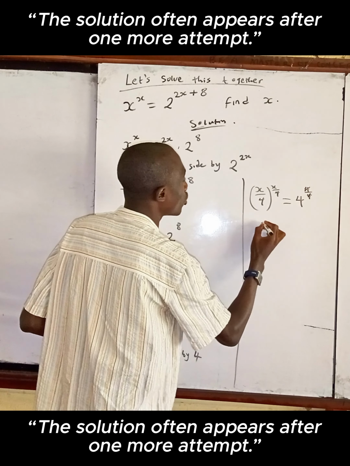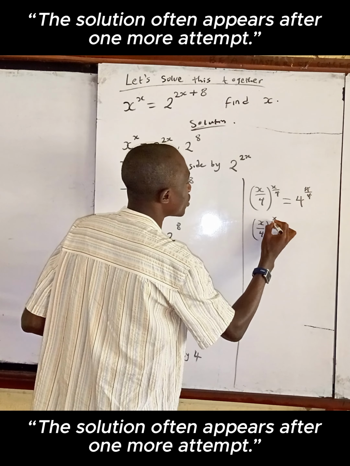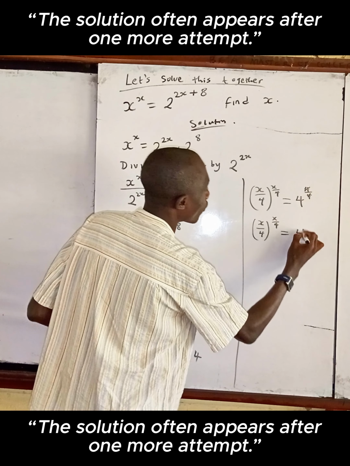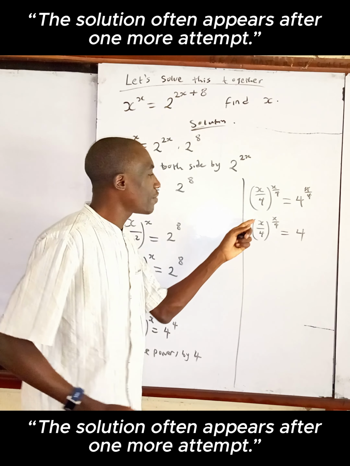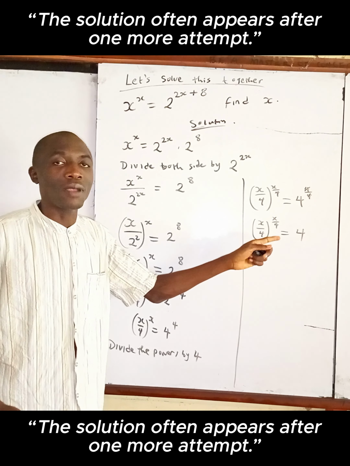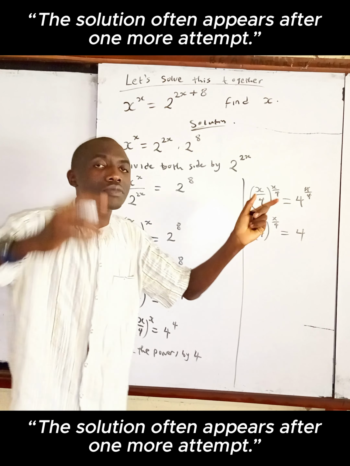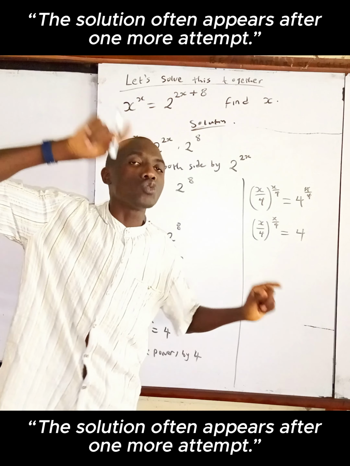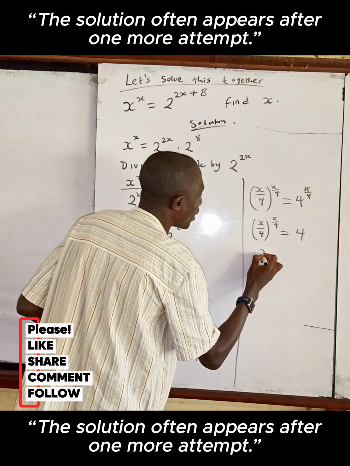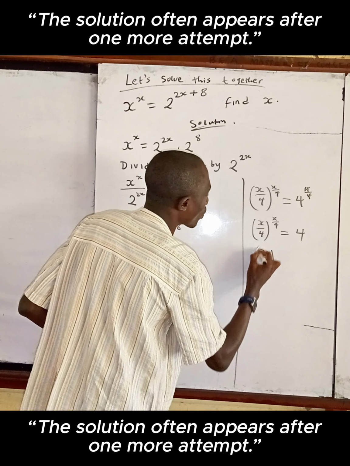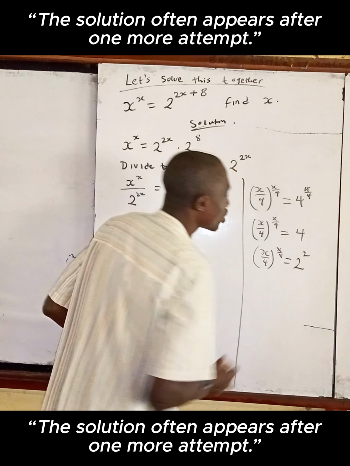If this cancels this, I'm going to have x divided by 4 raised to power x divided by 4 is equal to 4. Now from this place, I have x divided by 4, x divided by 4. That means this value, I'm going to turn it to something that is raised to itself, which is x divided by 4 raised to power x divided by 4 is equal to 2 raised to power 2.